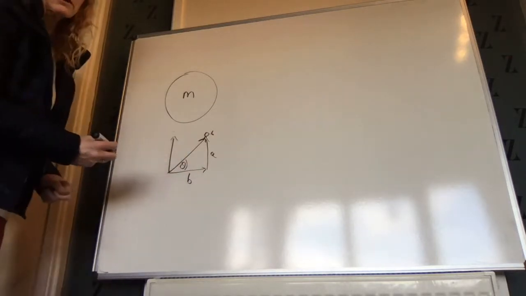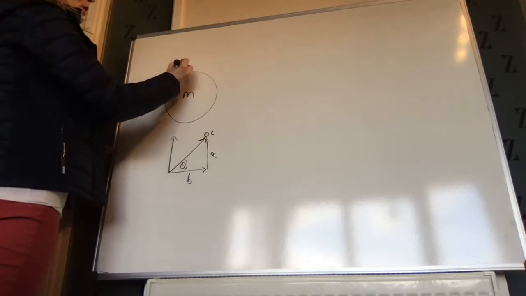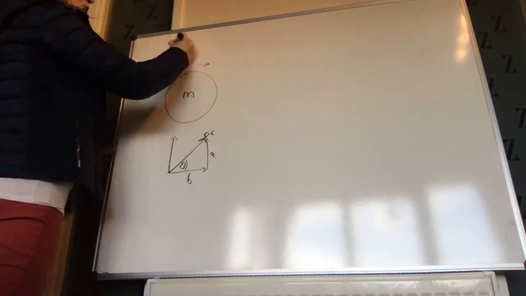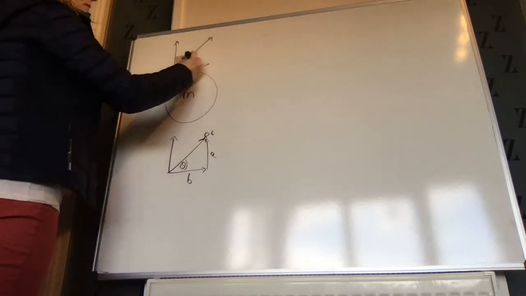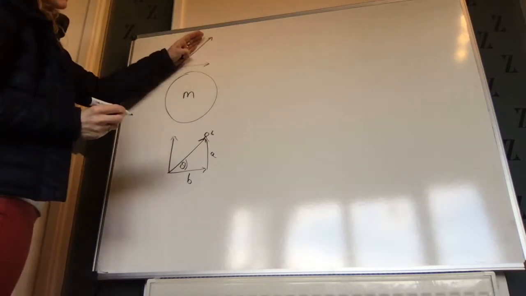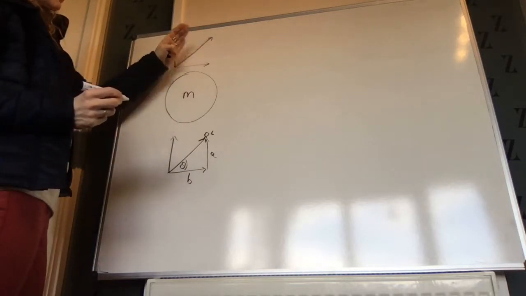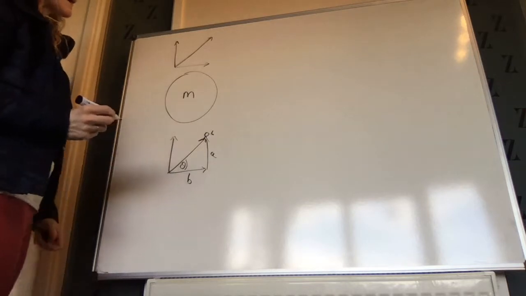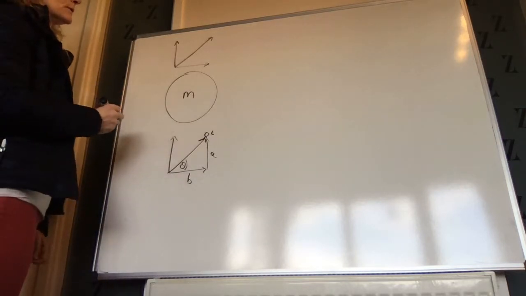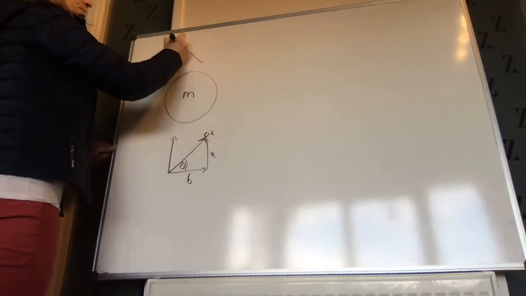Now because we are told that after the collision it moves perpendicularly to the way it moved beforehand, we know that this line is perpendicular to this one. I'm not drawing it like that because we draw it a standard way, but actually I'll draw it perpendicularly.